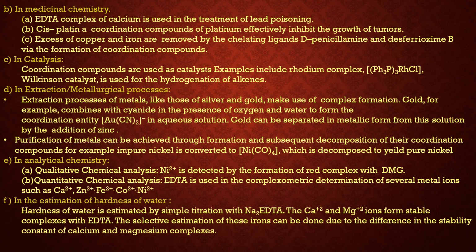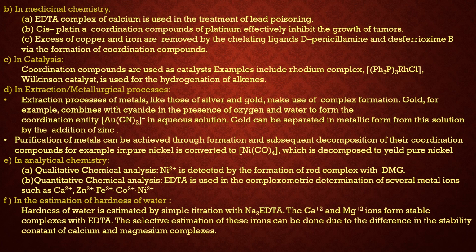Now the next is in analytical chemistry. In qualitative chemical analysis, nickel is detected by the formation of a red complex with DMG. And the second is quantitative chemical analysis. EDTA, ethylene diamine tetraacetate, is used in the complexometric determination of several metal ions like calcium, zinc, iron, cobalt and nickel.